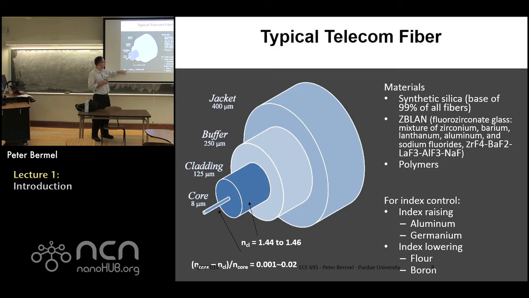Here I just gave a rough range of fractional refractive index differences, quantified as the difference between core and cladding divided by the core index. Anywhere from maybe 10 to the minus third up to 0.02, or 2%, is a standard value. What this is saying is that you use a small difference in refractive index to keep light well contained within the core.